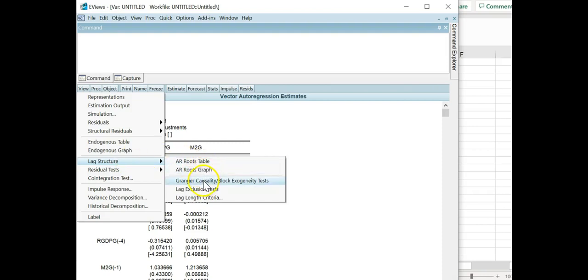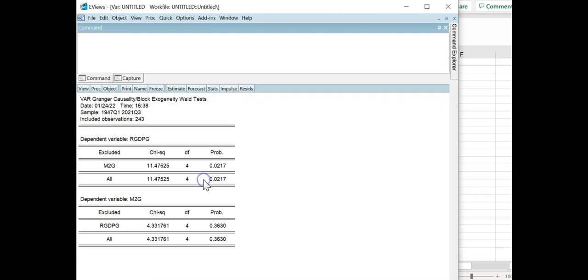But this Granger causality is a formal test for whether this is actually happening. If the dependent variable is real GDP growth, this tests whether essentially all the coefficients in the real GDP equation are 0. And we can reject that at a p-value of 0.02, which is pretty good.